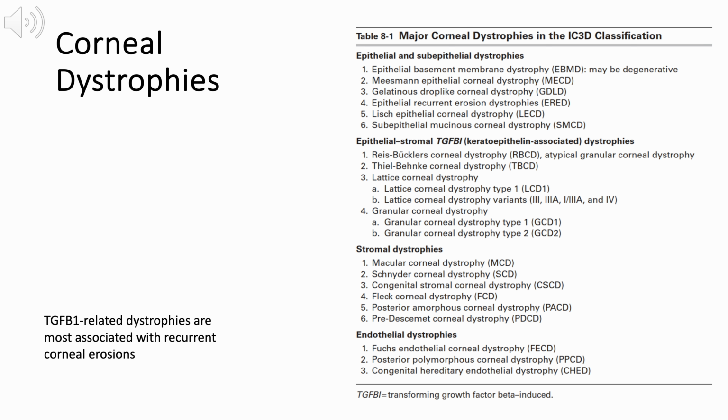These include Fuchs endothelial corneal dystrophy, posterior polymorphous corneal dystrophy, and congenital hereditary endothelial dystrophy. Altogether, this classification provides a systematic framework for understanding the wide range of corneal dystrophies and highlights the importance of recognizing their clinical and genetic features.